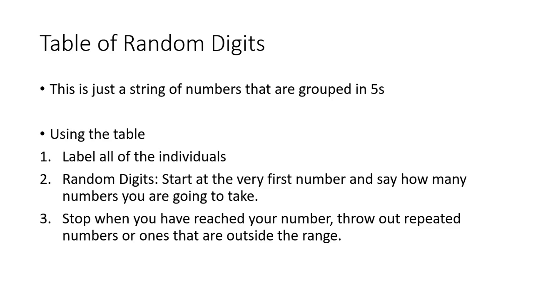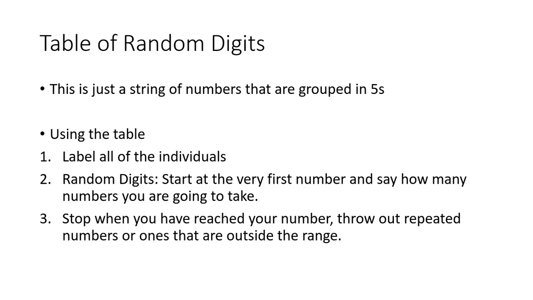A table of random digits you could also use. These are just random numbers in groups of 5, and they fill up an entire page. To use this table, once you've numbered your individuals, whatever it is that you're taking the sample from, you start at the beginning of one row at random, and you take however many digits you need.